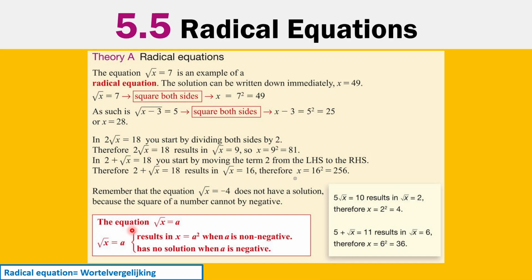First simplify. If I then have this form, then if a is positive, I can solve it by saying x equals a squared. I square both sides. But if a is negative, I have no solution. You have to remember this last part. It's very easy to make this mistake.